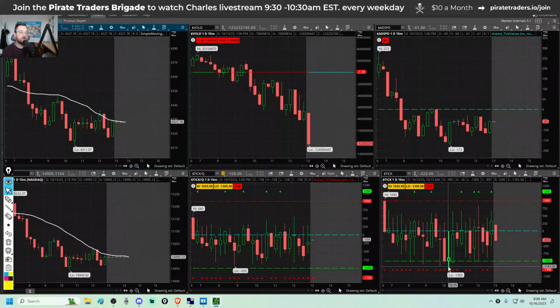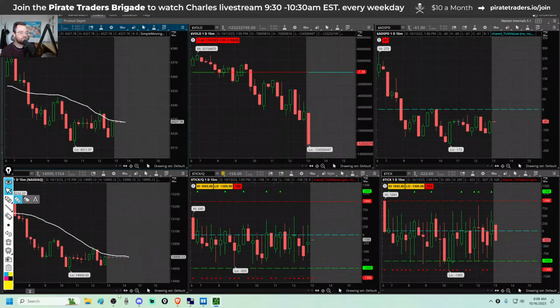Then we have the tick chart for the NASDAQ and for the NYSE on the right, and the NASDAQ in the middle. And then over here on the left side of the screen, I have the SPX and the NDX. And I have those up in 15-minute candles because I like to look at the 20 moving average, the simple moving average on the 15-minute candles for just the regular trading hours. And that's a good support resistance level.